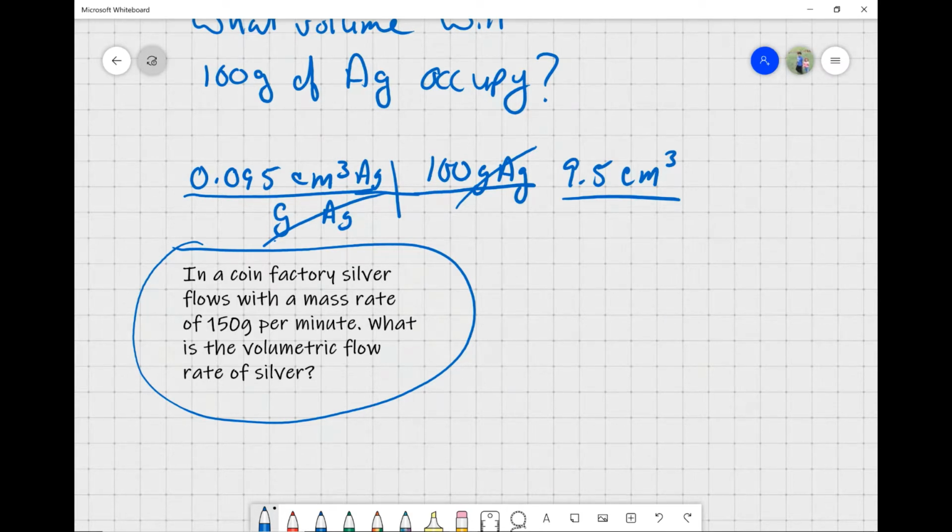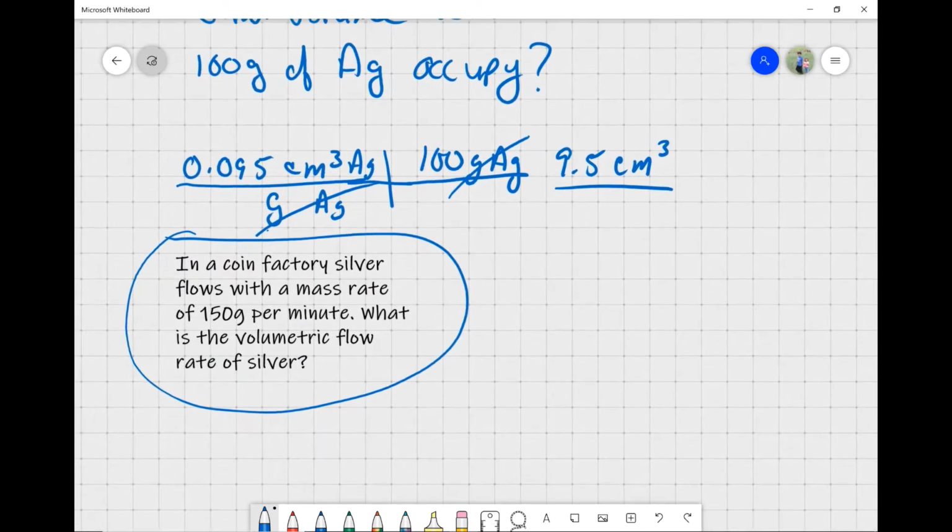So we have this problem: in a coin factory, silver flows, I probably should have a comma, silver flows with a mass flow rate of 150 grams per minute. What is the volumetric flow rate of silver?